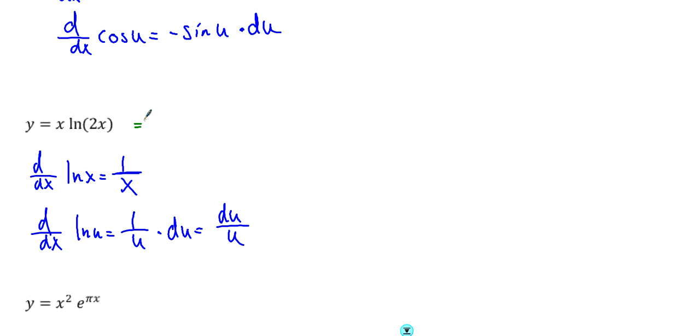So again, we're doing product rule because it's this times this. So y prime equals x, which is 1, ln of 2x plus x times the derivative of ln of 2x, which basically you just take whatever's inside, put it on the bottom, and whatever's on the bottom, take the derivative and put it on top.